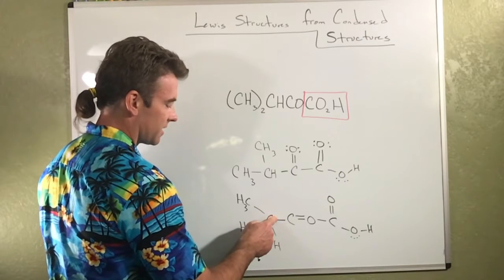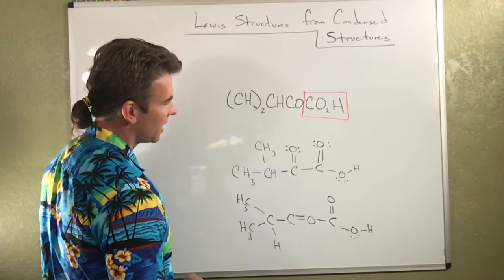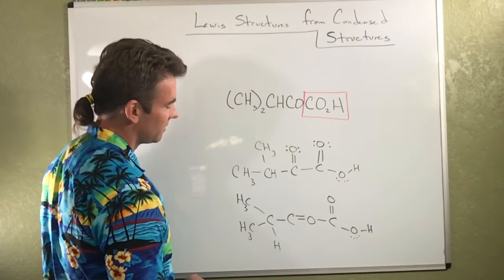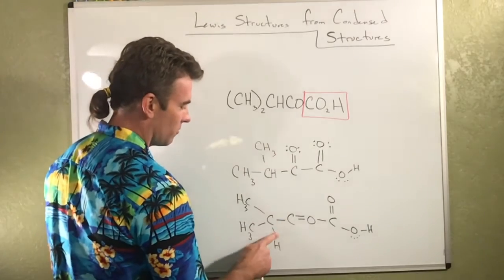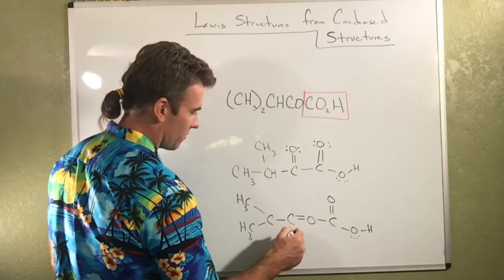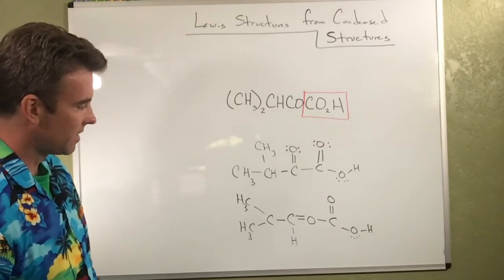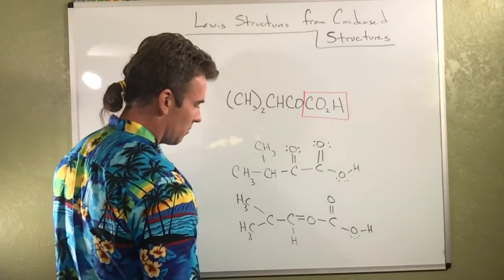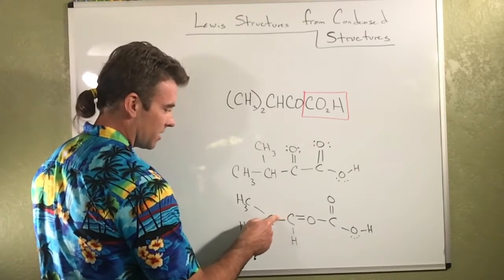So let's take that away, and I'm really stuck for a second, and I think, okay, well, maybe that H right there is supposed to move over. So let's move that over there. Okay, well, now I guess I can put in a double bond. Oh, no, that's still got too much.